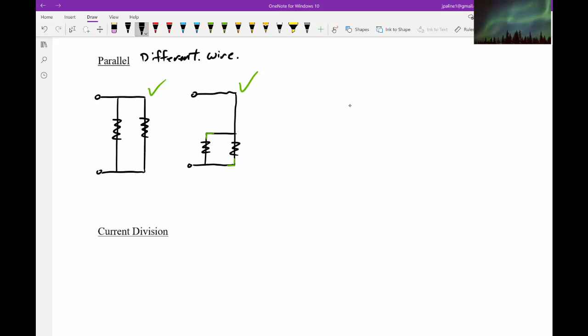Okay, so now the R equation for that one is going to be a little more difficult. It's 1 over R parallel is equal to 1 over R1 plus 1 over R2 plus 1 over R3 plus dot dot dot 1 over Rn, where n is just some number of resistors.